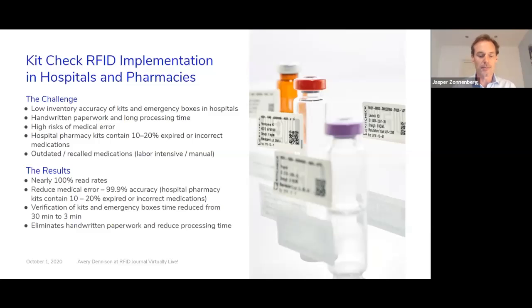KeyCheck is a company that serves RFID solutions for hospital trays or hospital carts, or kits actually. In these kits there are numerous items, 200 or more. It can be medication, it can be tools, where it is very important that every type of medication is in there and that it is all valid to work with, so not overdue.